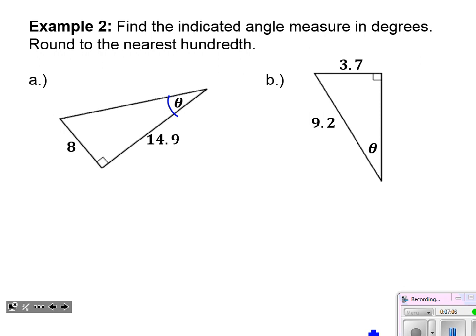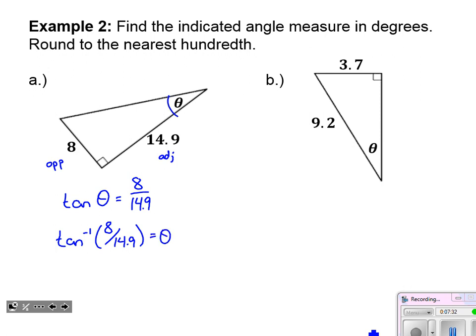In the case of letter A, my opposite side is 8, and my adjacent side is 14.9. That means I'm going to use opposite and adjacent. That uses the tangent function. So the tangent of my unknown angle is 8 over 14.9. That means if I flip input and output, tangent inverse of that 8 over 14.9 will give me theta.